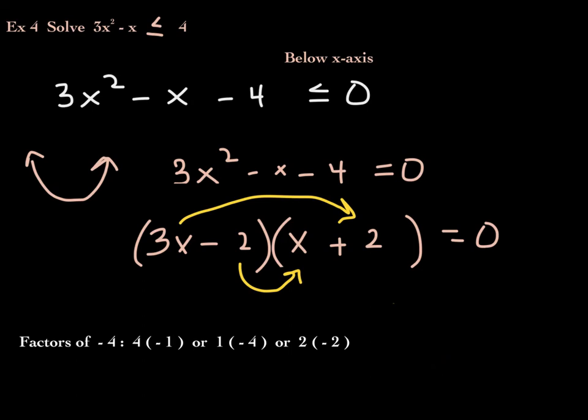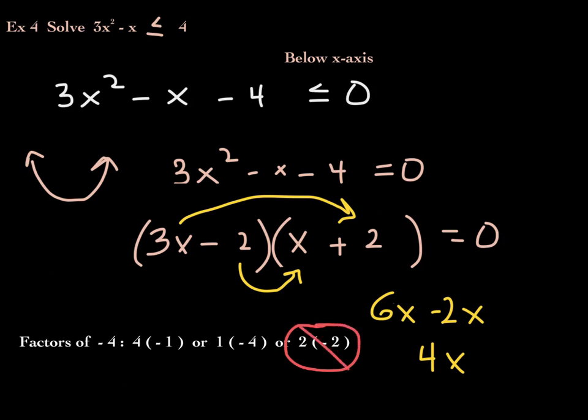Well, you can see, hopefully, that you're getting 3x times +2, which is +6x, and -2 times x is -2x. This just changed the sign on that product, and now it's +4x. I didn't want +4x. So what I just figured out here, just after a minute or so, is that this pair of factors is not working.